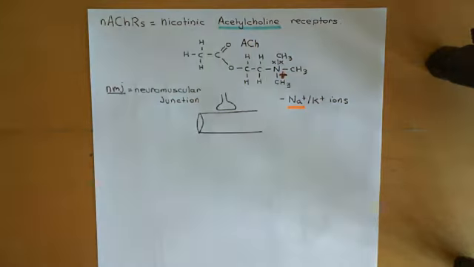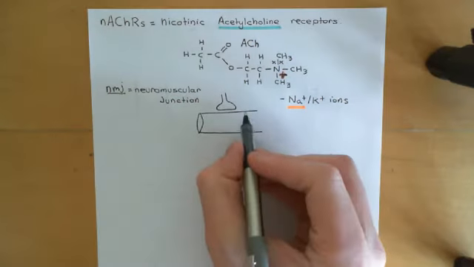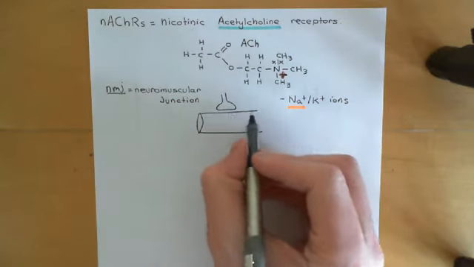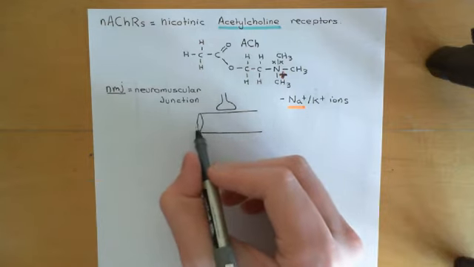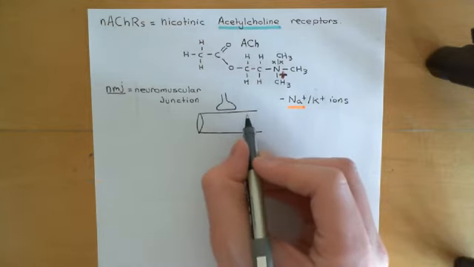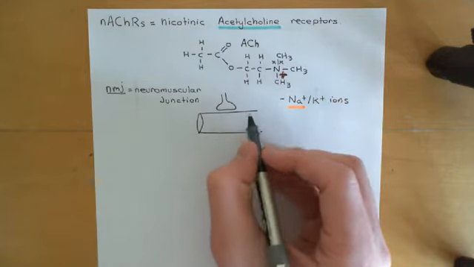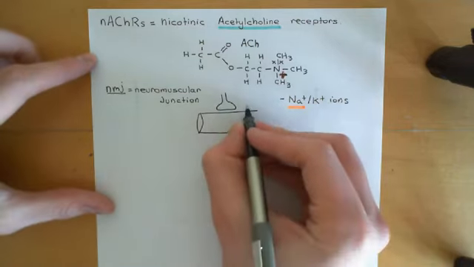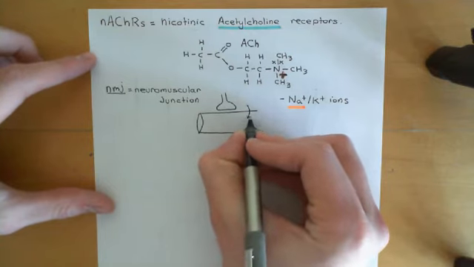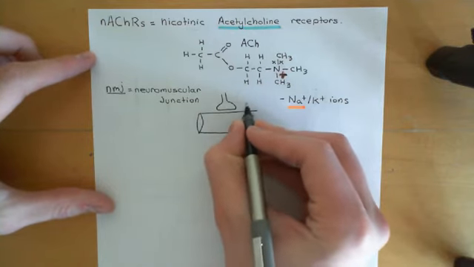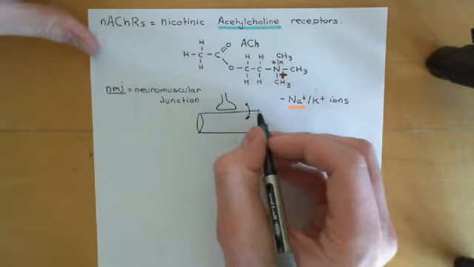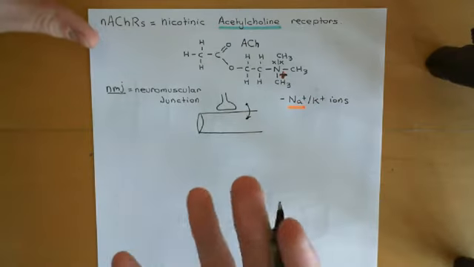Well, remember that before we've actually triggered an action potential in the skeletal myocyte, the electrical potential difference across the cell membrane of the skeletal myocyte will be very much so negative. In fact, the electrical potential difference across skeletal myocytes is very extreme, much more so than across a normal neuron.